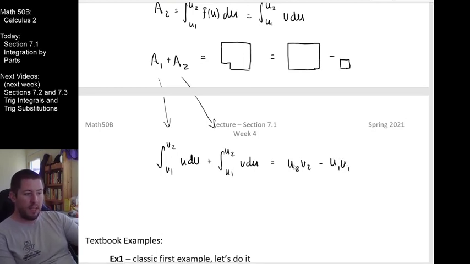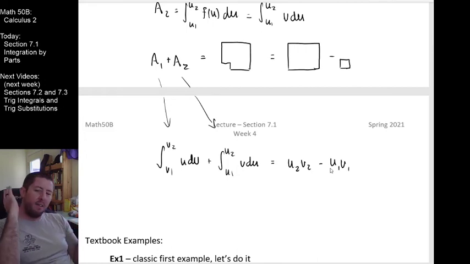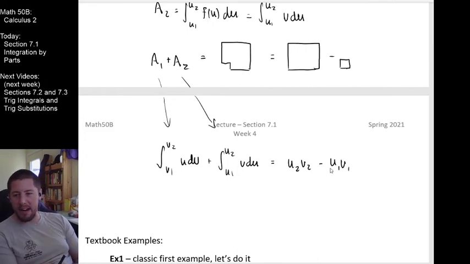Now, have you ever seen something that looks like your second parts minus your first parts? Well, yeah, that looks like when you've evaluated some integral from some first point to some second point. You plugged in the twos minus plugging in the ones right there. This looks like our fundamental theorem of calculus, right? F of b minus f of a, right?